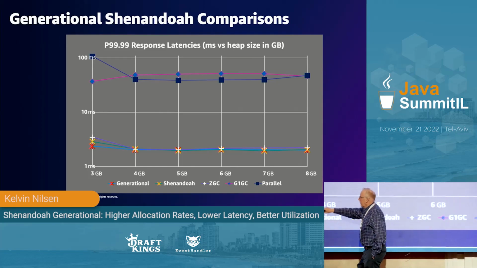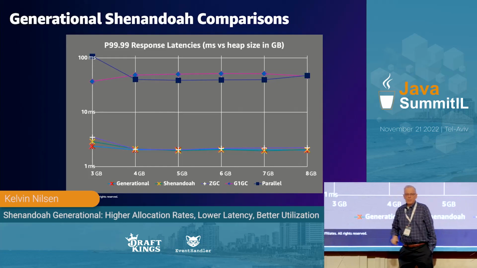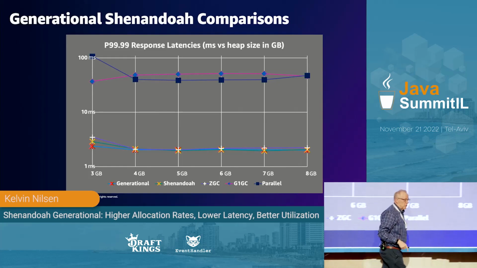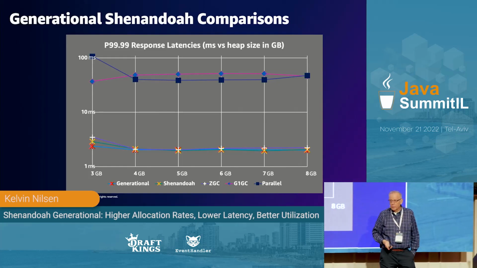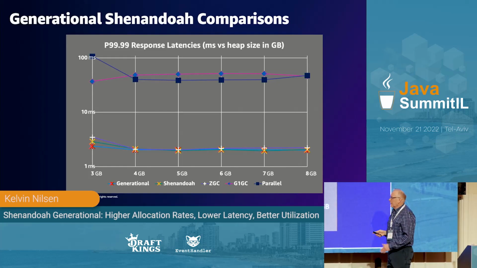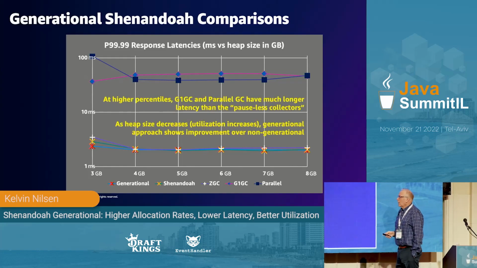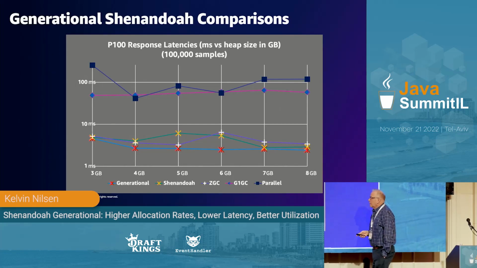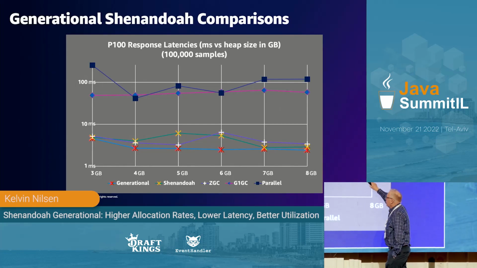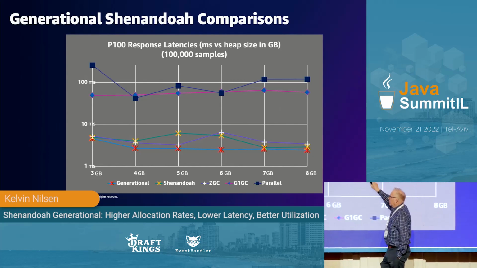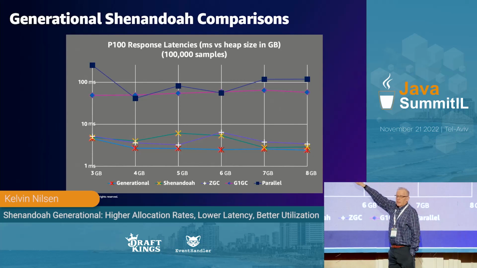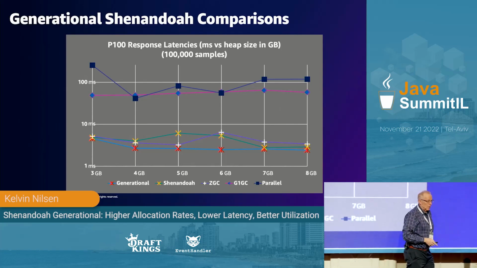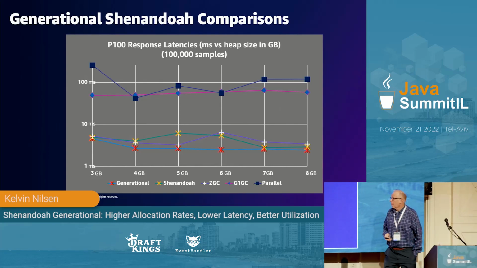And what's kind of nice is the generational Shenandoah is actually showing its strengths as you get to the higher memory utilization, the smaller heap sizes. And this was at P100. Similar kind of behavior, but generational Shenandoah even more noteworthy in its strengths over the other garbage collectors.